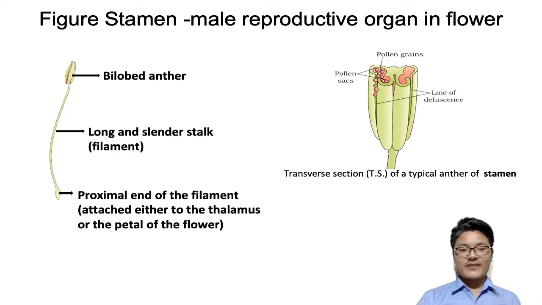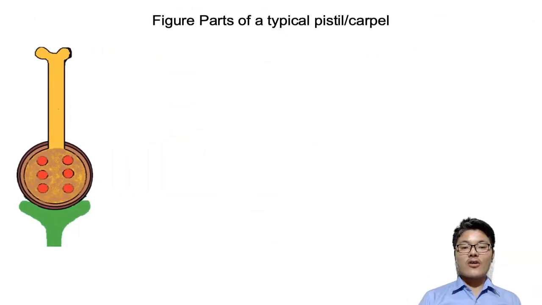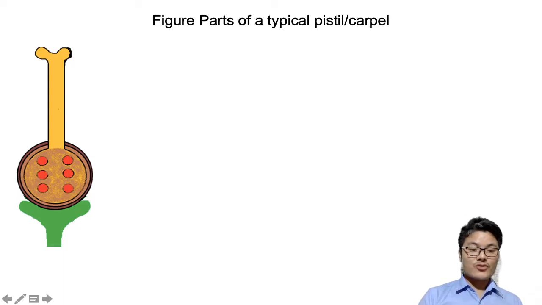So we'll proceed further and let's discuss the female reproductive part, or parts of a typical pistil. Pistil is also known as carpel. The diagram shown here is a representation of pistil or carpel.